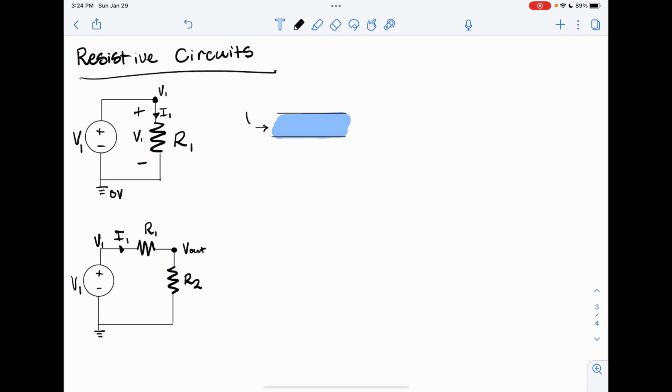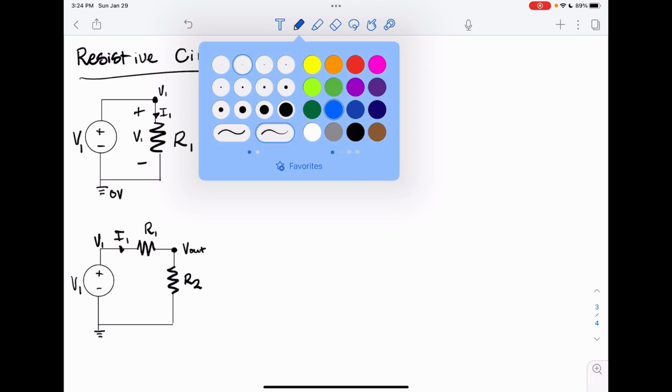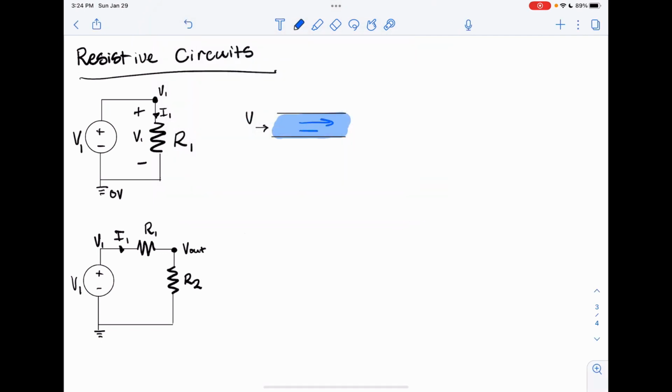So call this voltage, creating pressure. And then the actual flow of the water, I'll draw it out here with some arrows, use these bigger arrows, that is going to be current. So current is going to be the flow of the water in this system, and voltage is going to be the pressure pushing it along.